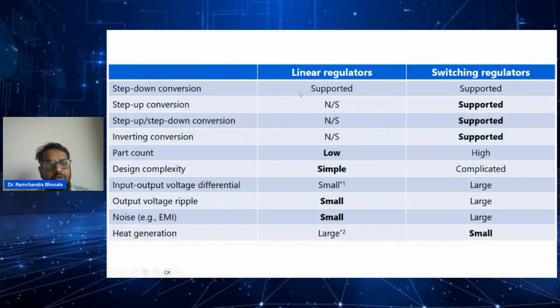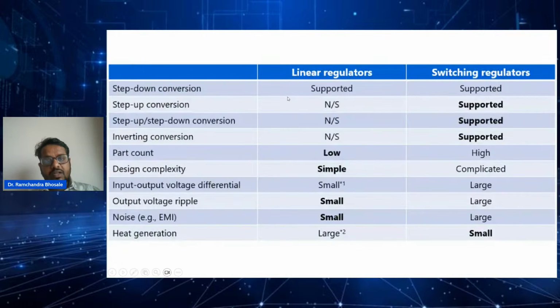From 12 volt you can only step down to 5 volt or 6 volt, but you cannot step it up to 20 volt or 24 volt. In a linear regulator only step down conversion is possible, but in a switching regulator both conversions are possible. Step down is possible and step up is also possible, and in one circuit it is possible to have both by varying the turn-on time of the MOSFET. So switching regulators have a wider range of functionalities.